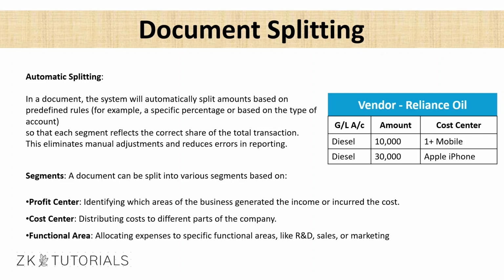So each line item will be based on cost center or profit center and functional area. Suppose, for example, we are purchasing diesel of 10,000 rupees. But this diesel is used once to produce the goods and another is used to deliver the goods.